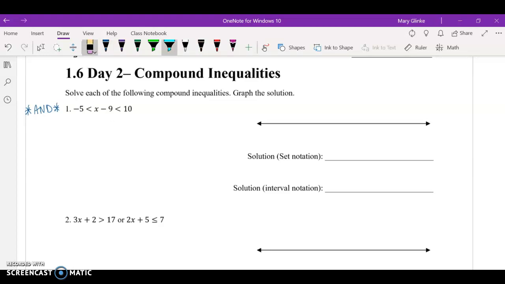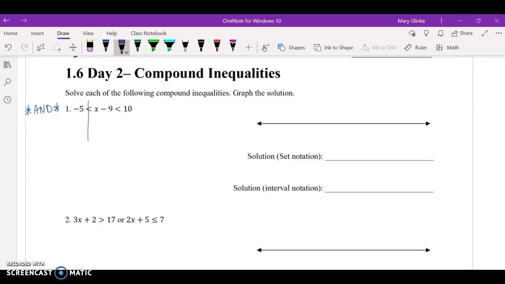So you have two different options. Option number one is to rewrite each inequality with the word and in between, kind of just covering up each half, and then you can solve each part and graph it. I'm going to show a different method because I'd like to go a little bit faster than that personally, but if you like breaking it up like that, you can absolutely do that.